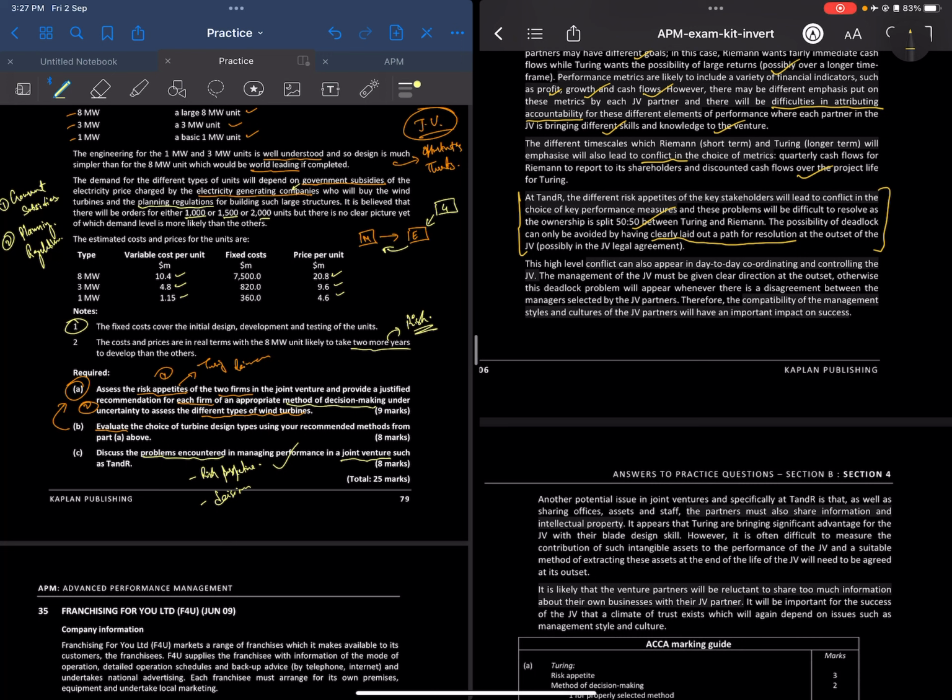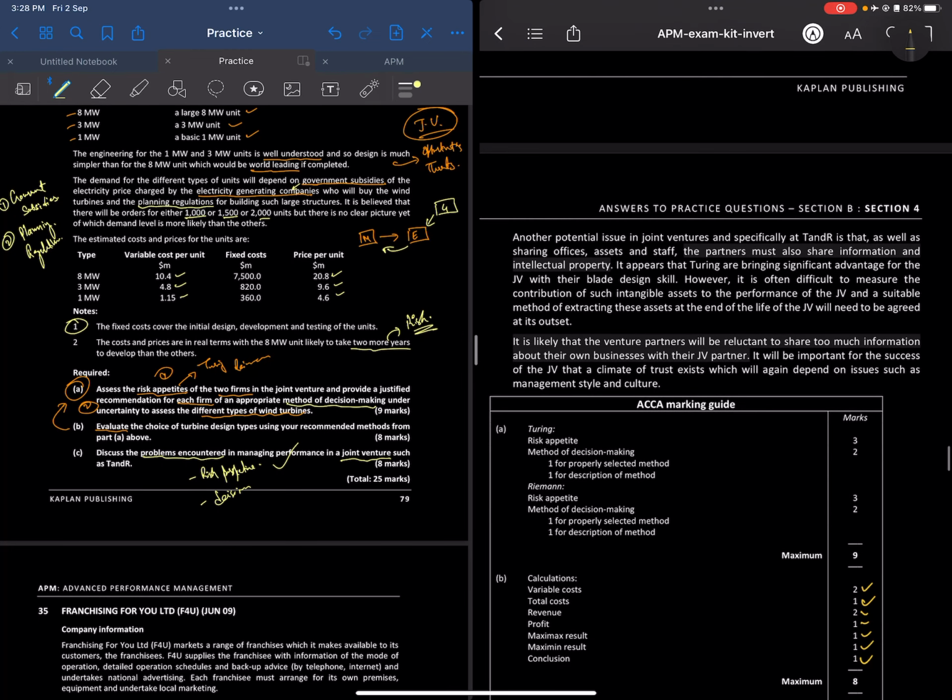The management of the JV must be given clear direction at the outset, otherwise the deadlock problem will appear whenever there is a disagreement between managers selected by the JV partners. Therefore, compatibility of the management styles and cultures will have an important impact on success. It will trickle down to day-to-day operations as well.